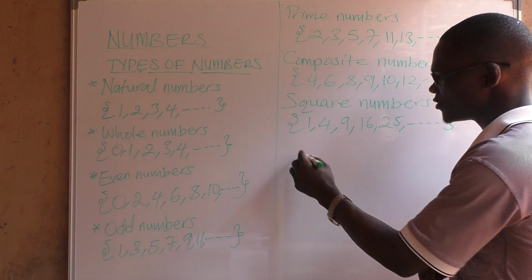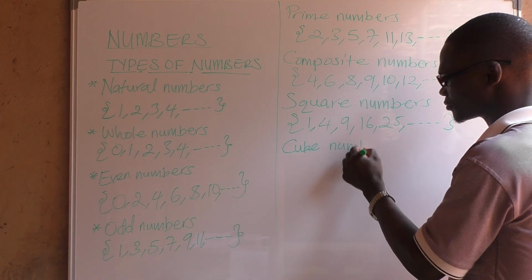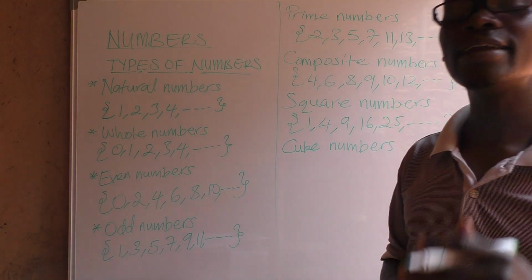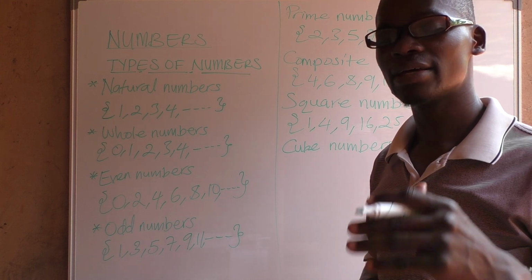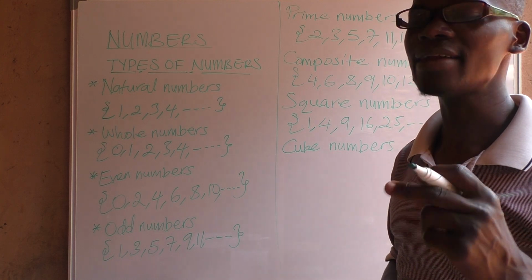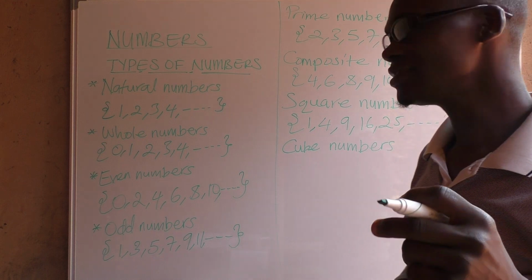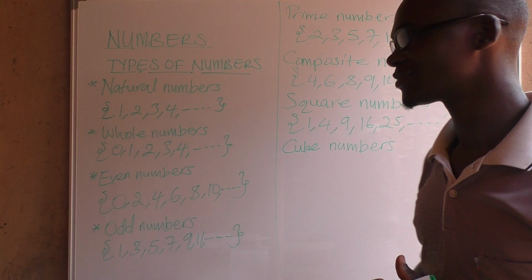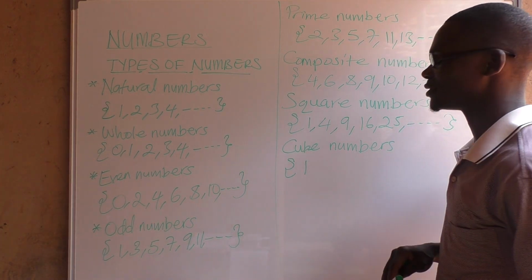Then we also have the cube numbers. Cube numbers are numbers obtained when we multiply a number by itself twice. That is to say, when you multiply 1 by itself twice, we shall get 1 times 1 times 1, and therefore it gives us 1.